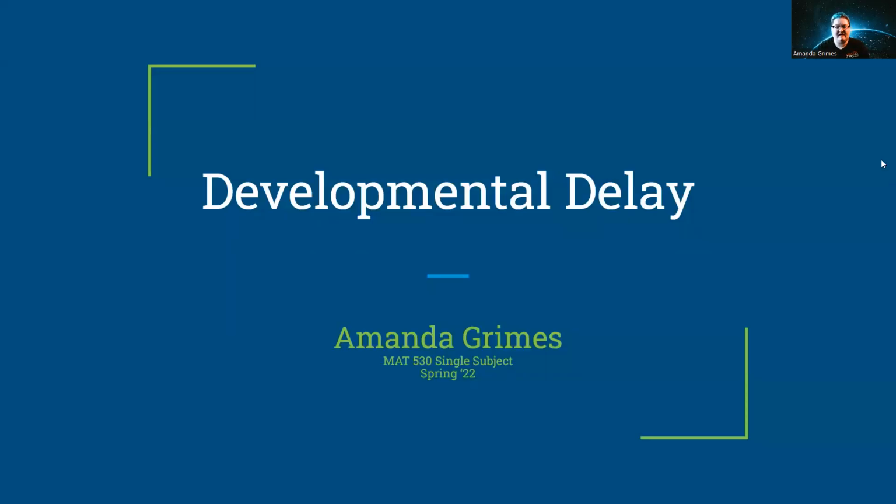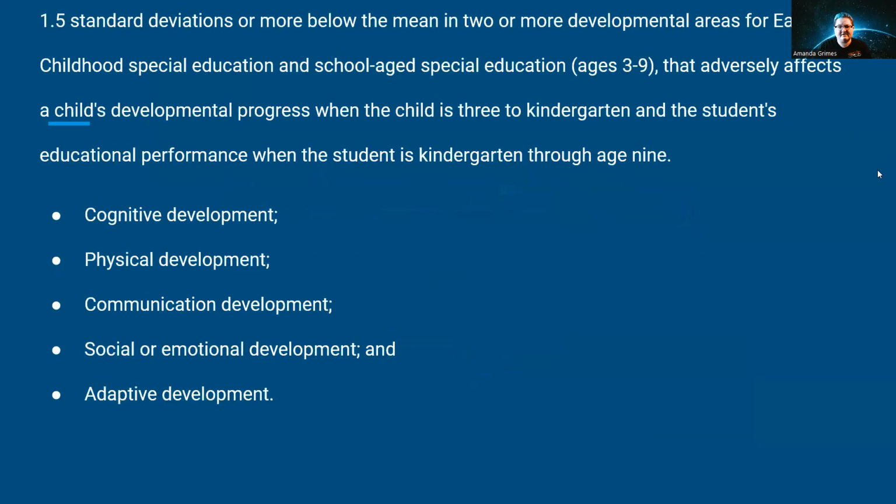In progress. Let's discuss developmental delays in our students. So, our standard definition is that a child is 1.5 standard deviations or more below the average child.